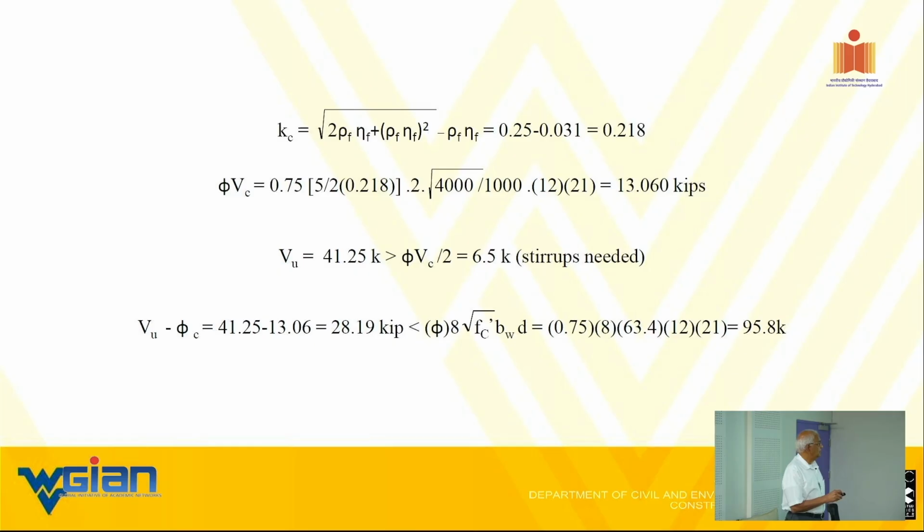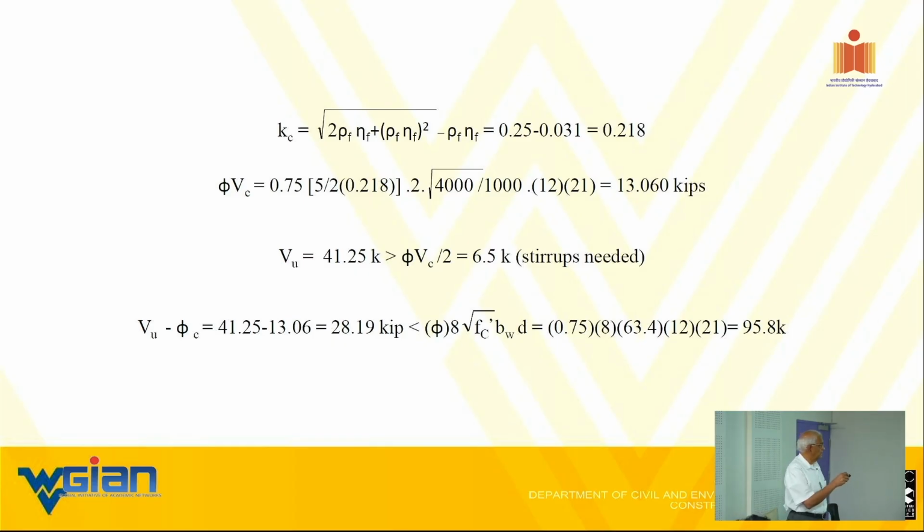So if you have a value of shear higher than this, we have to modify the section. In this case, it is not, meaning 8 times square root of f prime c is our limit, and that's the upper bound. If it is exceeded, we have to modify. And the lower bound is 2 times square root of f prime c.